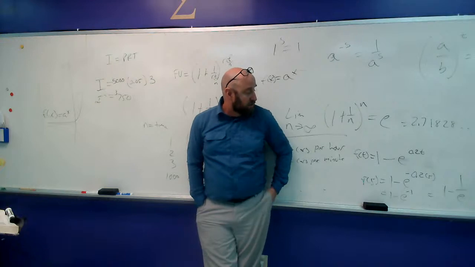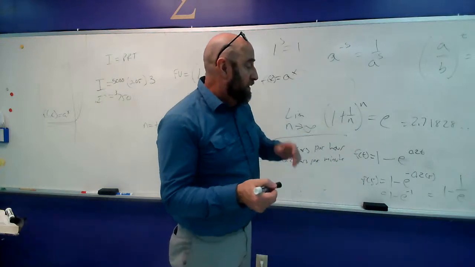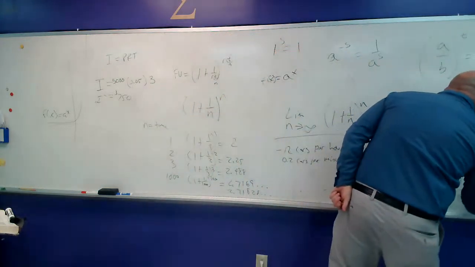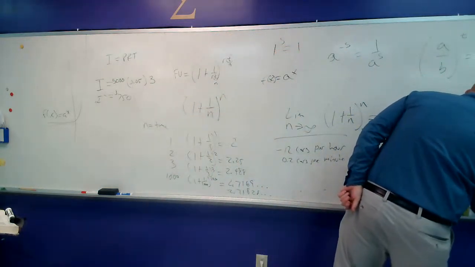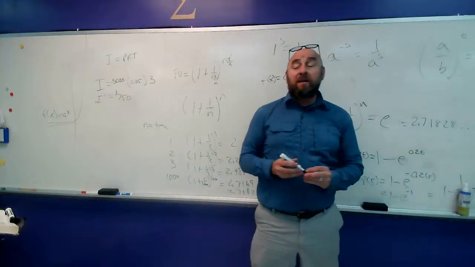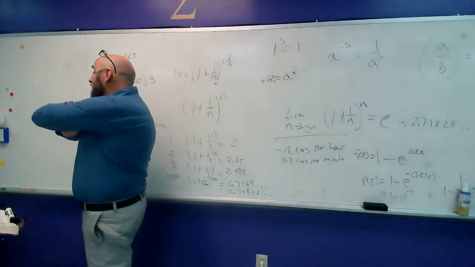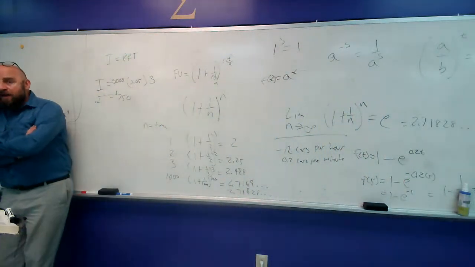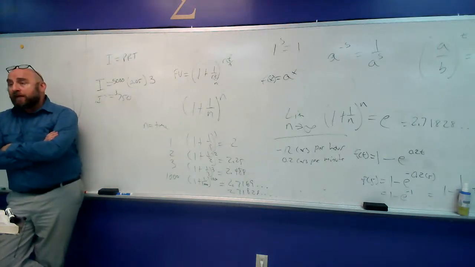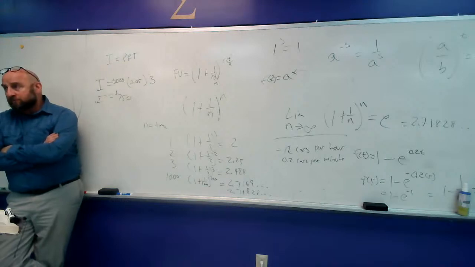So 1 minus 1 over E, like I said, is going to roughly be 0.63 approximately. So it's 63%. What they're saying is that if Burger King has 12 cars per hour on average during the day, then there is a 63% chance that in the first 5 minutes you'll see a car.